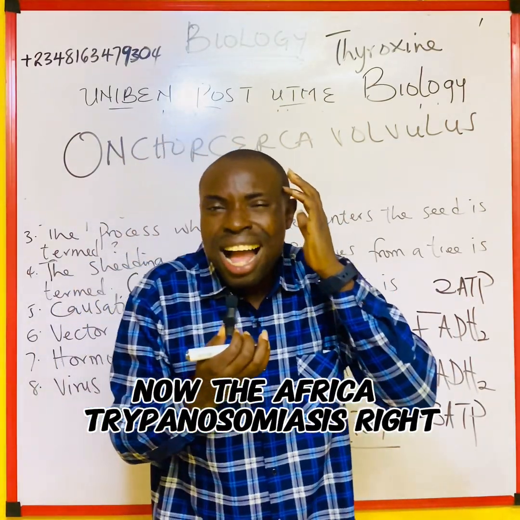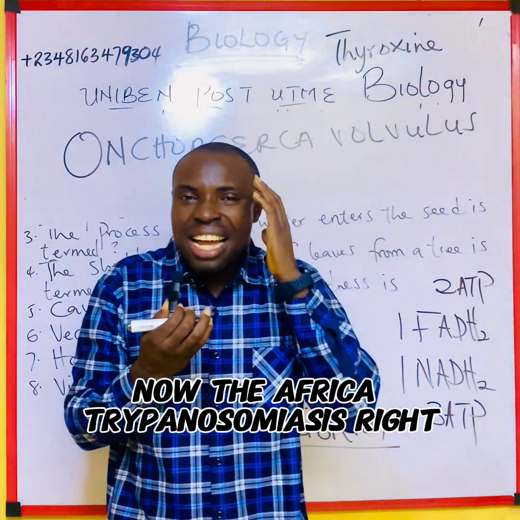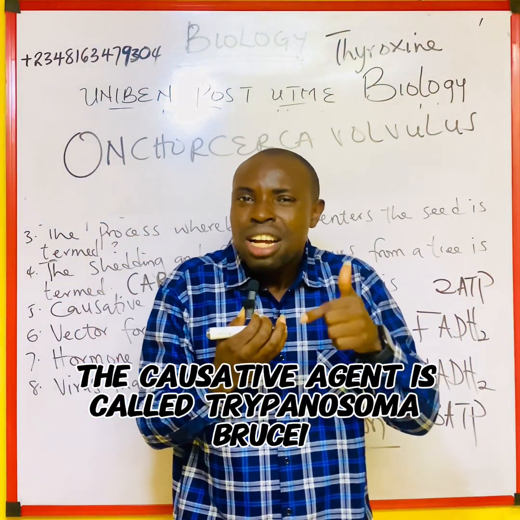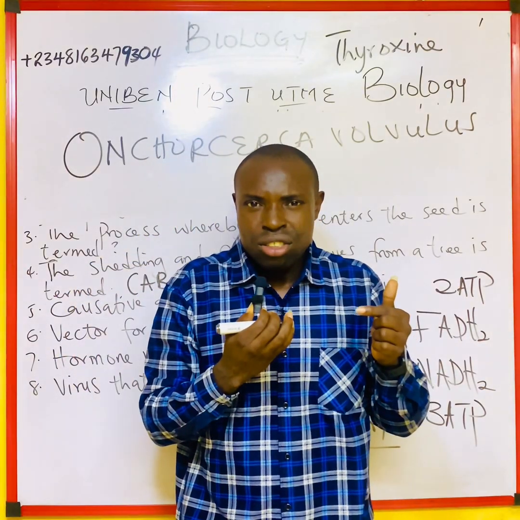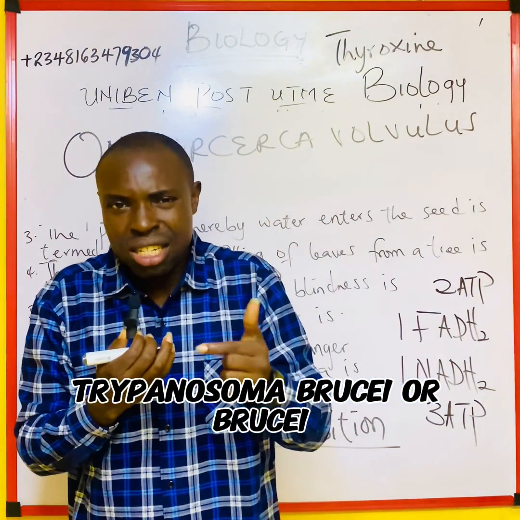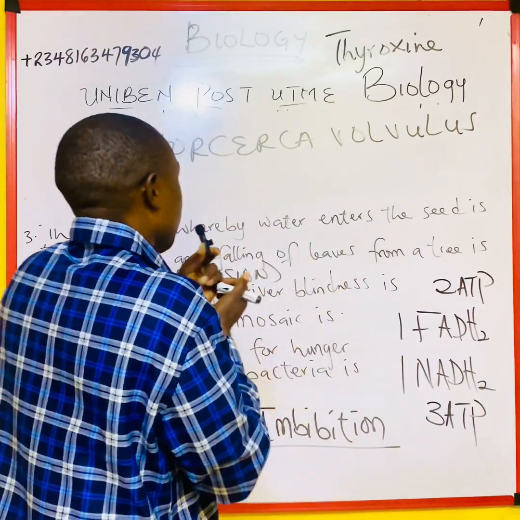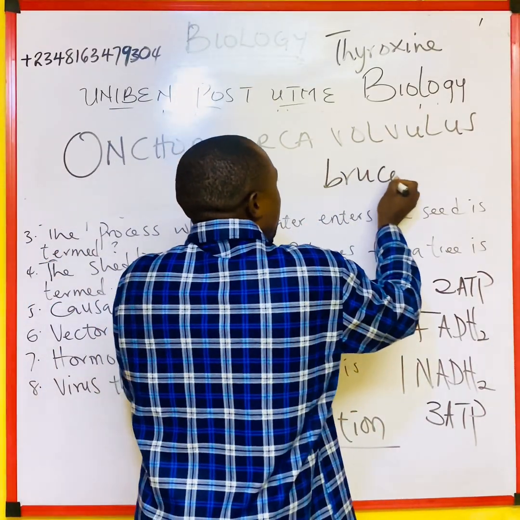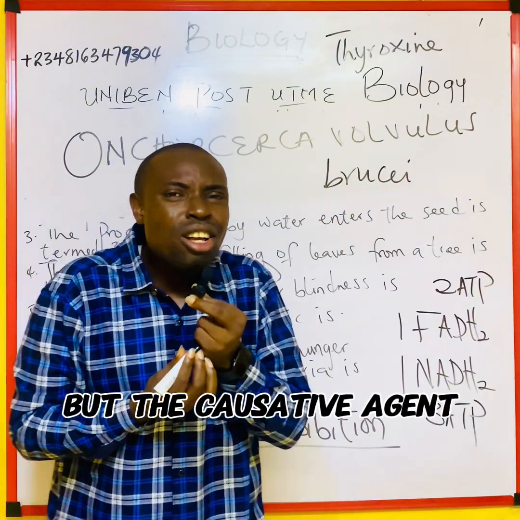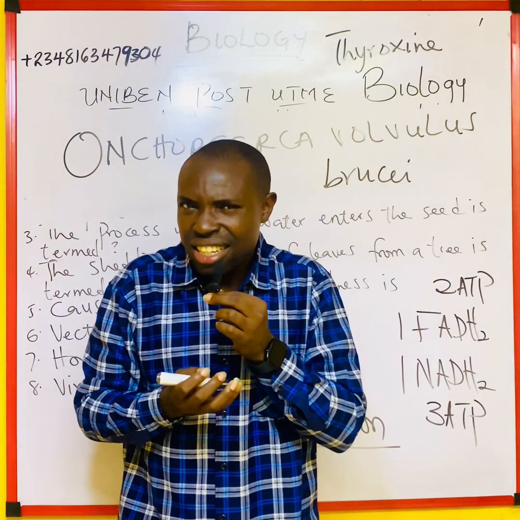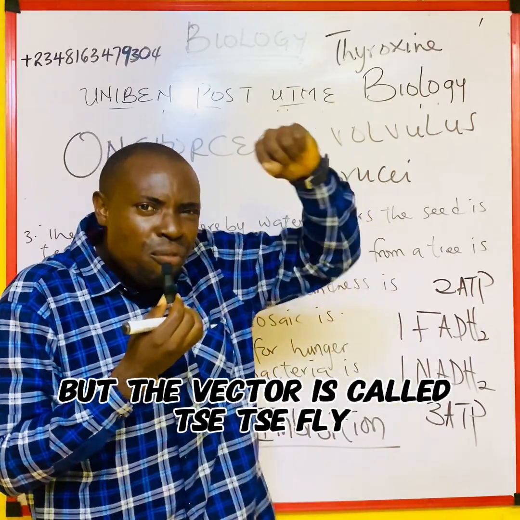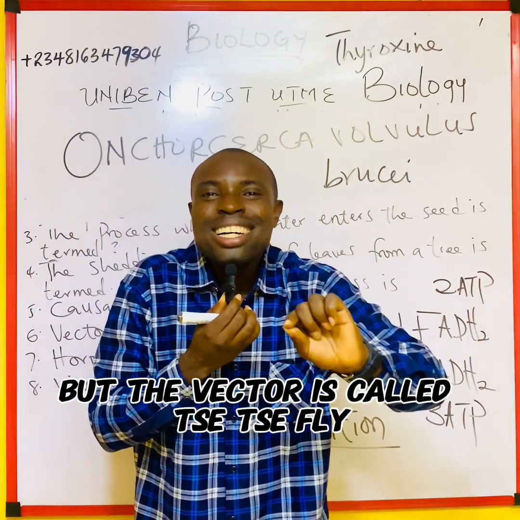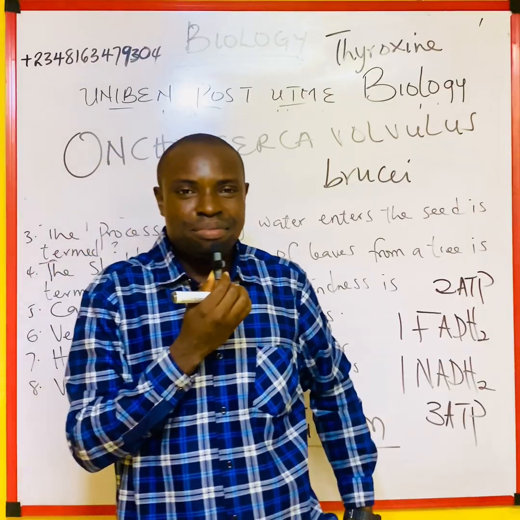Now, the African trypanosomiasis, the causative agent is called Trypanosoma brucei. Sorry, this is the causative agent, but the vector is the tsetse fly.